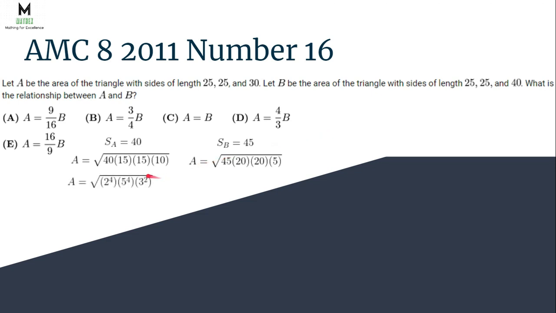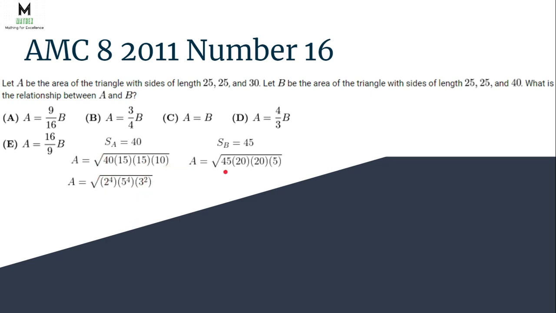If we take the prime factorization of the first one, taking out three 2's from the beginning, one 2 from the 10, and four 5's from the entire thing, and two 3's from the 15 and the 15, we see that the area of the first triangle is the square root of 2 to the 4 times 5 to the 4 times 3 squared.